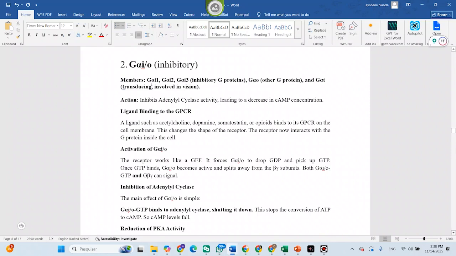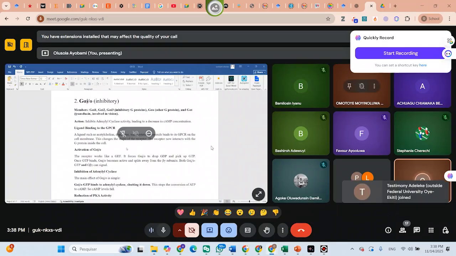This should be transducin. It's autocorrect. Transducin is involved in vision.